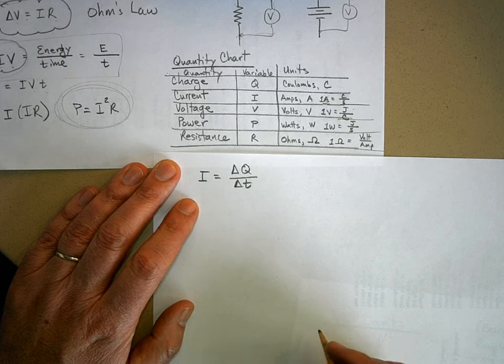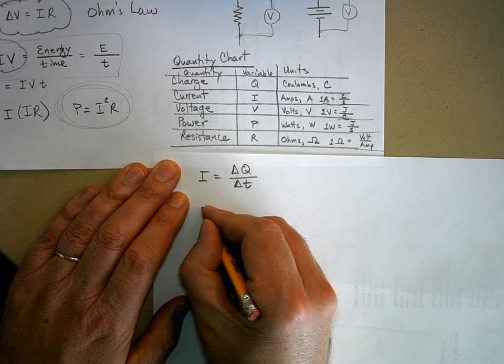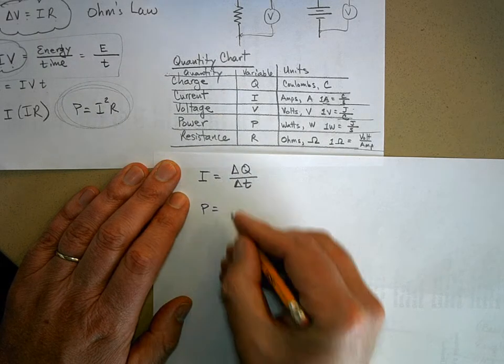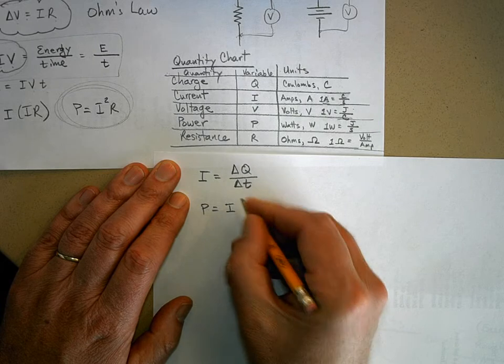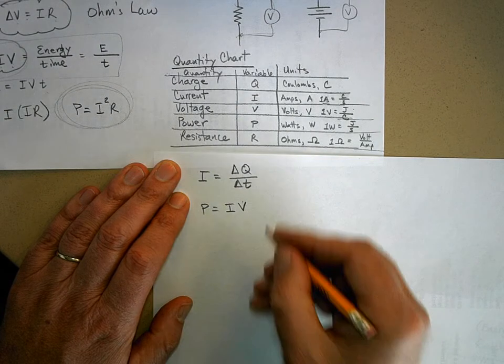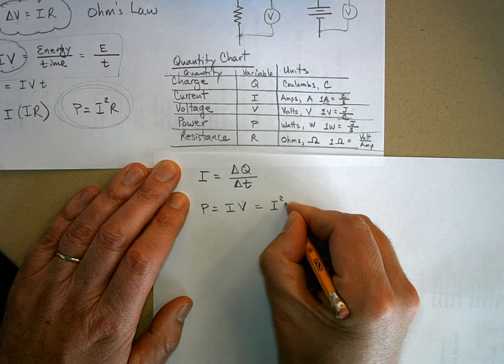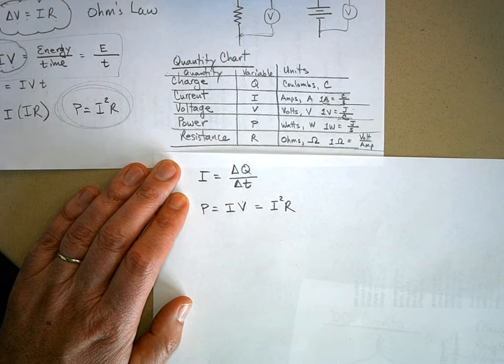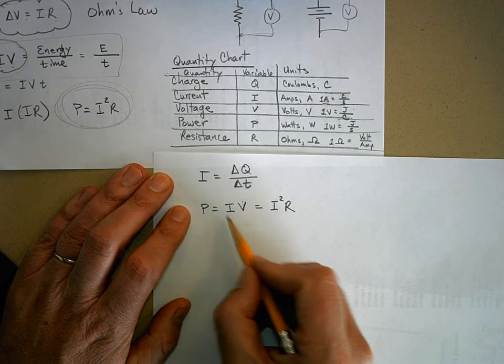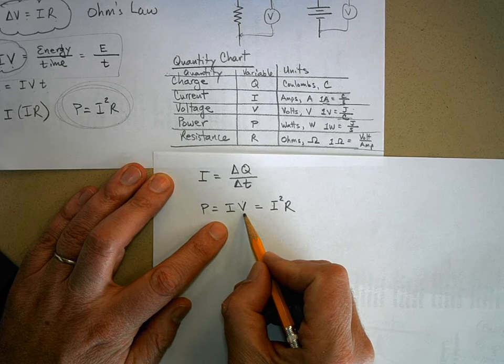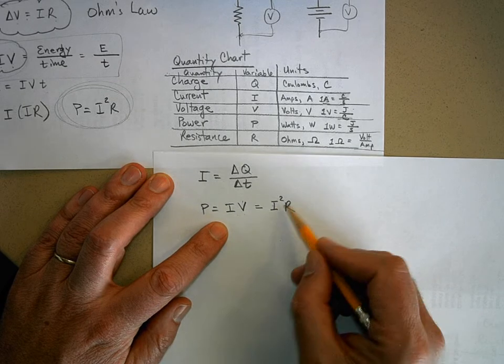You need power equals I, the current, times the voltage, which can also be I squared R. So here's the power delivered by the voltage of a battery. Here's the power that leaves a resistor.